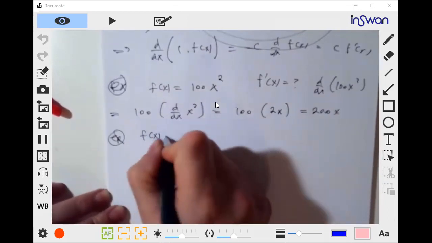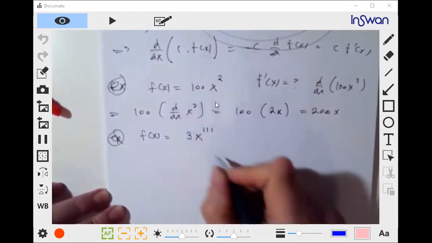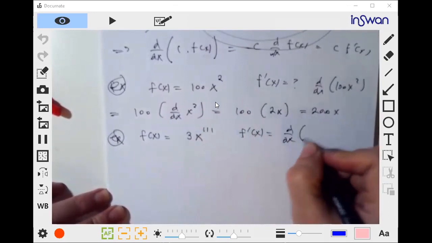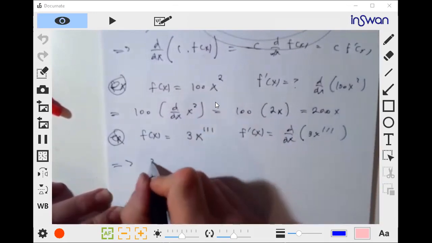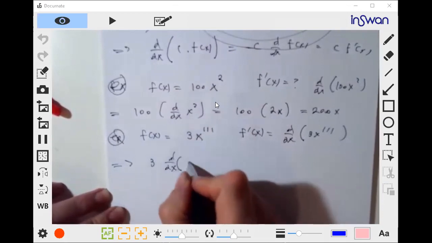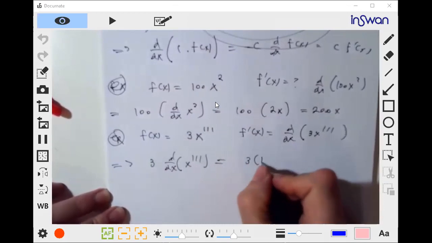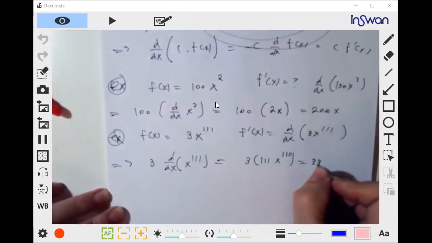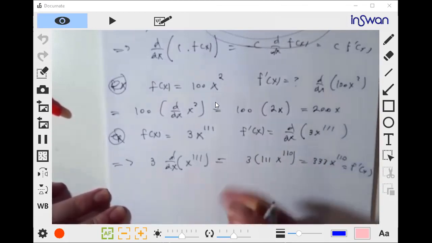What about f of x is equal to 3x to the 111 power? Well, f prime of x will then equal d dx of the whole thing. But it ignores the 3. So then it just becomes 3 times 111 x to the 110. So this becomes this. This is our f prime of x.